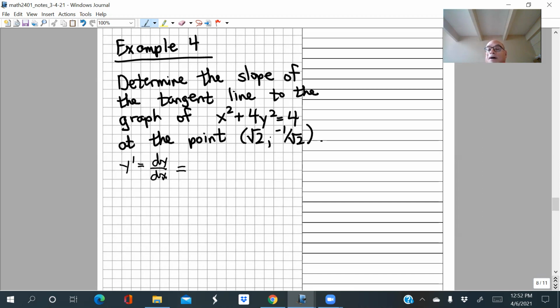So I want you to try that one. Don't worry about the slope so much. See if you can find a formula for the derivative using implicit differentiation. Actually, we can stop at an intermediate point: see if you can just differentiate both sides of the equation without even trying to solve for y prime.